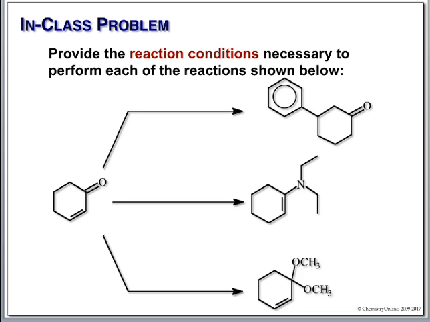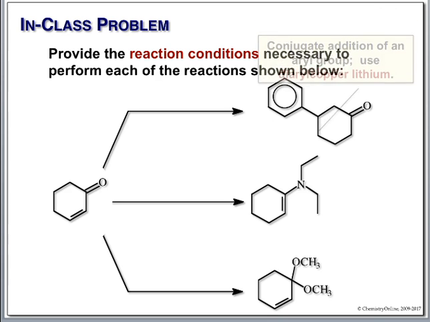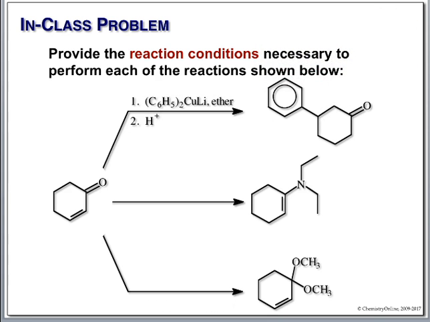But it's still a beta carbon, isn't it? How do we add an alkyl, aryl, or vinyl group? Dialkyl copper lithium. What we want here is a diaryl copper lithium, simply with benzene as our nucleophile. So we want 2 phenyls and copper lithium.